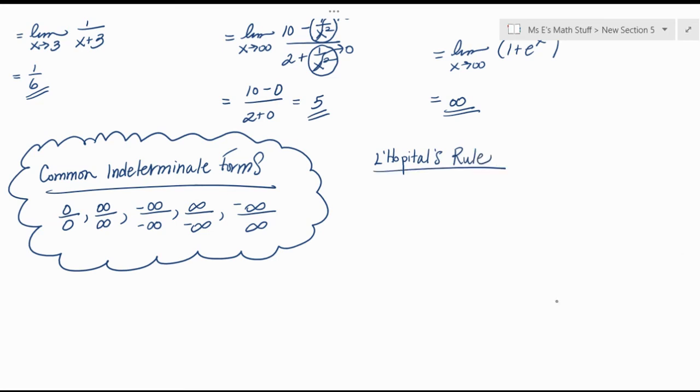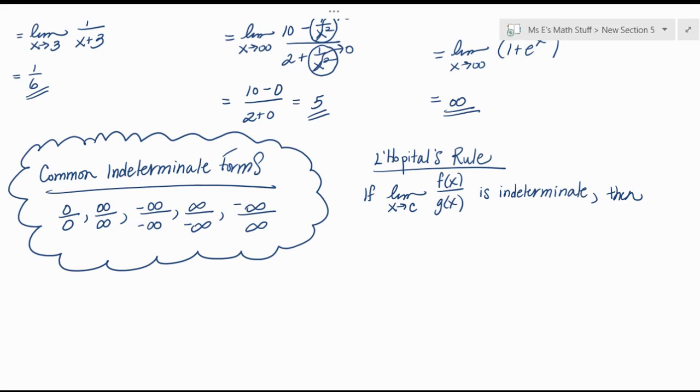Okay, so L'Hopital's rule says if the limit as x approaches c of one function of x divided by another one is indeterminate, then you can actually get the answer in a different way.